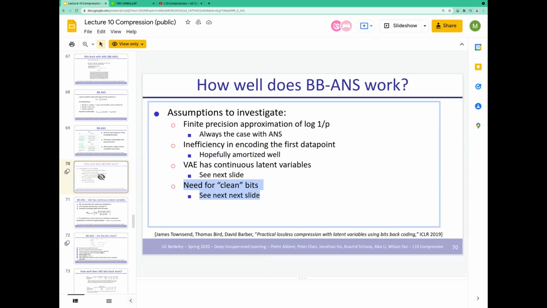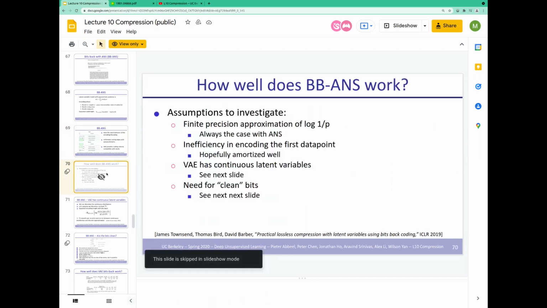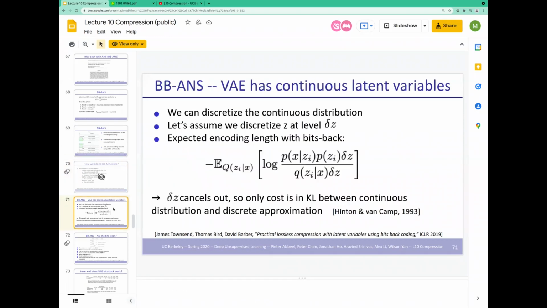The fear is always that we generate this message, and then we use this last portion for the random bits for the next iteration, right? So it ends up being a dirty bit, it might not be clean, so it might not be fully random. That might cause problems. So it says, see next slide.